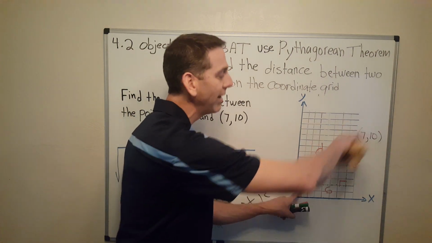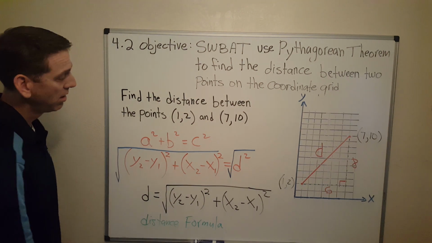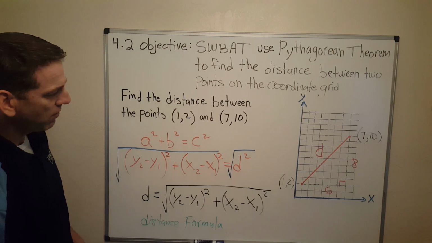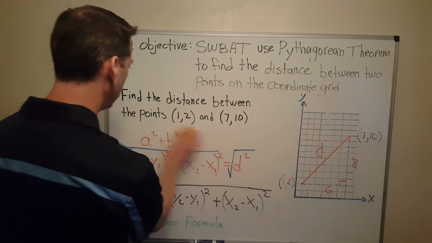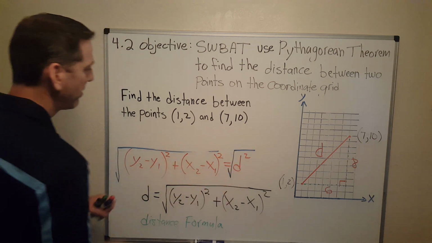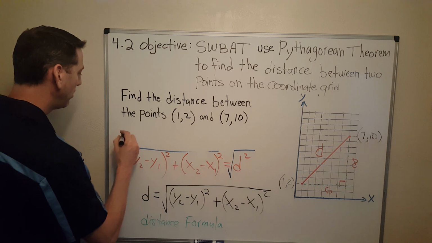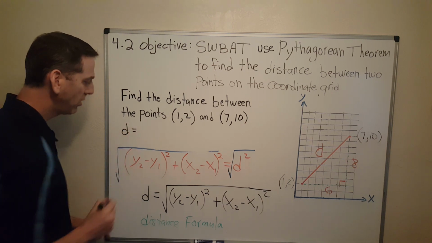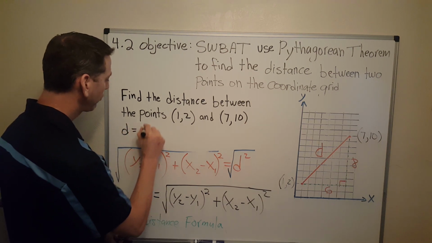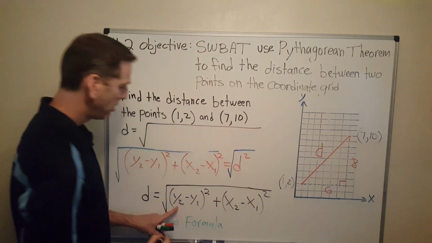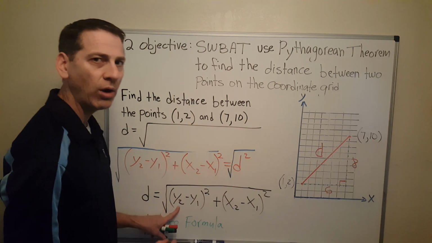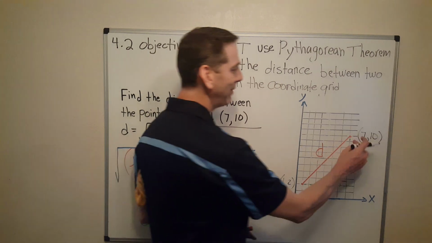So let's see if we can find the distance between these 2 points, the length of that line. Okay, so where are we going to do that? Let's do it right in here. So D equals the square root of y2. Now, what do I mean by y2? This is my second coordinate.